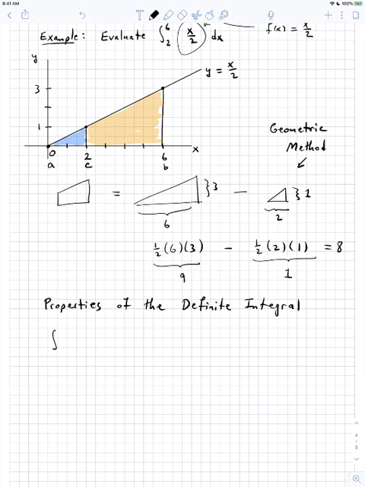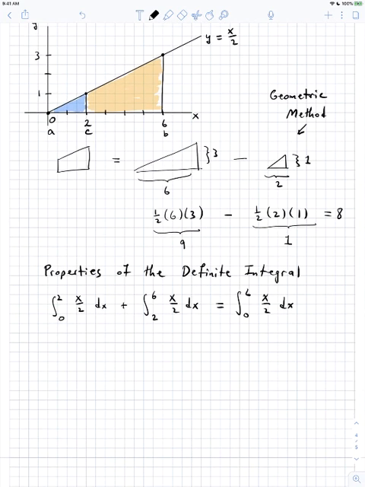So I can integrate from 0 to 2 of x over 2 dx plus the integral from 2 to 6 of x over 2 dx equals the integral from 0 to 6 of x over 2 dx. Now the thing that I want to find out is this middle integral, the integral from 2 to 6 of x over 2 dx.